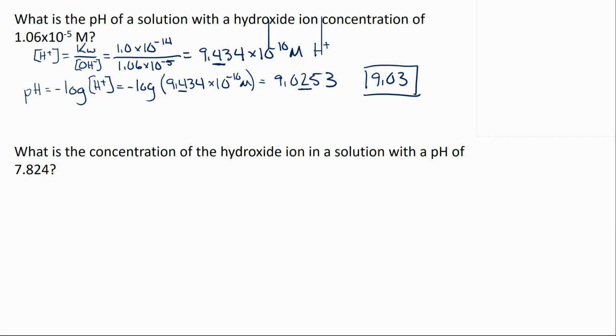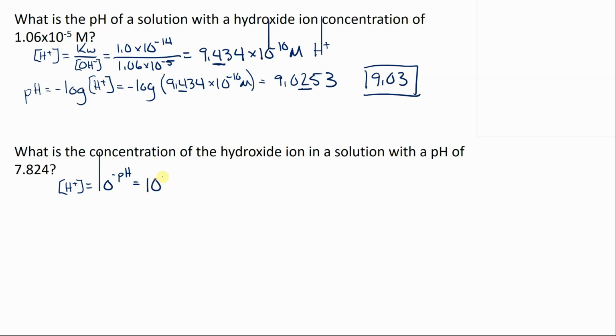Okay, going the other way, if I'm starting with a pH and trying to get hydroxide, before I can get hydroxide, I have to first get the concentration of the hydronium ion, which I will get as 10 to the negative pH, or 10 to the negative 7.824.